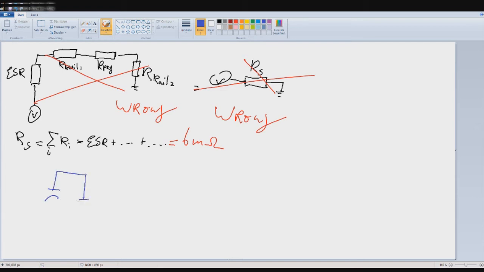So this would be the capacitor bank, and this would be the series of system resistance, and current will flow through here, which would then be a pretty logical model, if you think about it, because that's usually what it is.